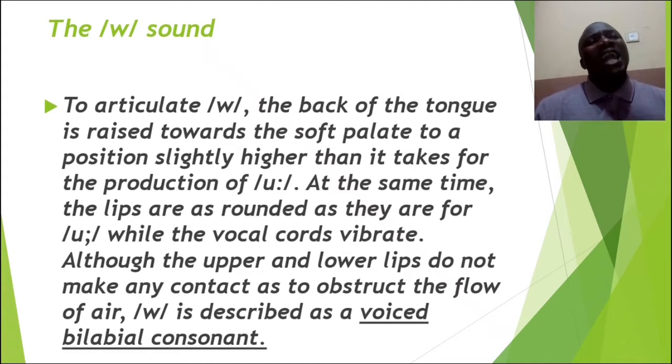Although the upper and the lower lips do not make any contact as to obstruct the flow of air, /w/ is described as a voiced bilabial consonant, or you can say voiced bilabial semi-vowel.